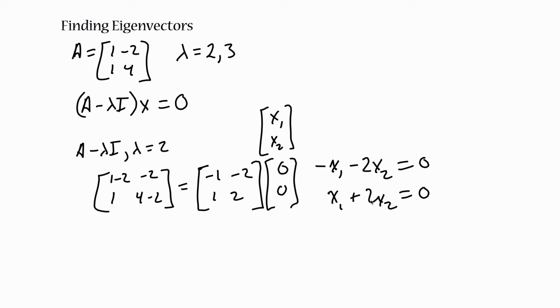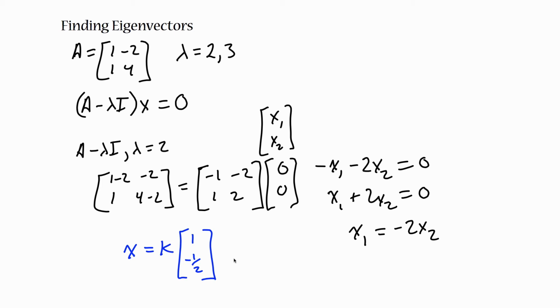So these are the same, just multiplied by negative 1. So in the end we get x1 is equal to negative 2x2. So this requirement will be satisfied by all vectors x that are any multiple of 1 minus 1/2, where k is just some scalar multiple.